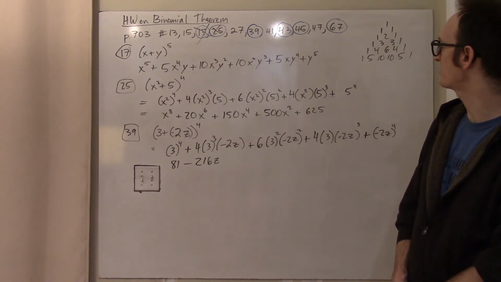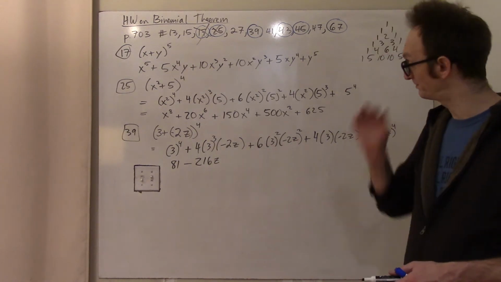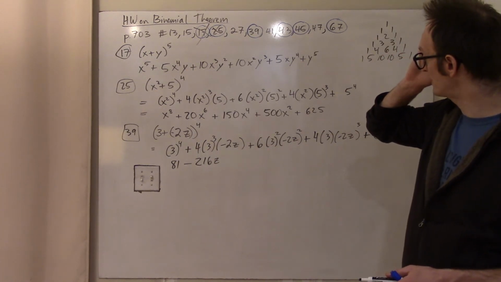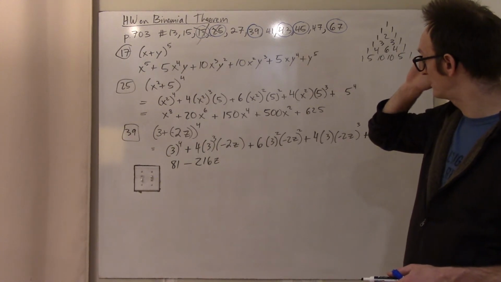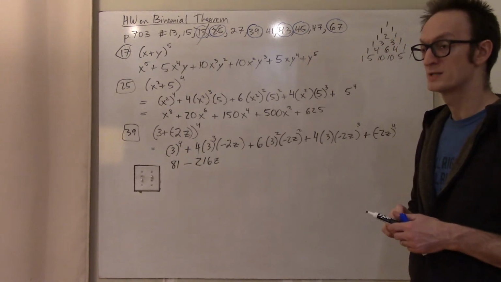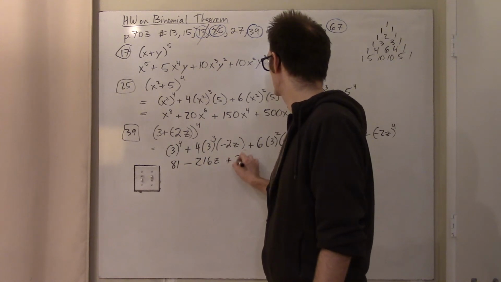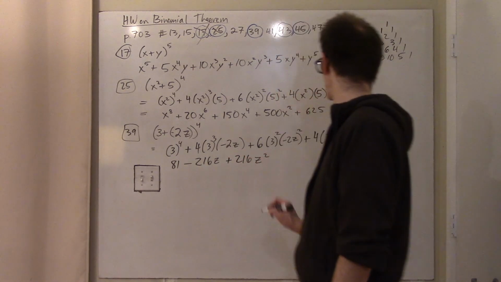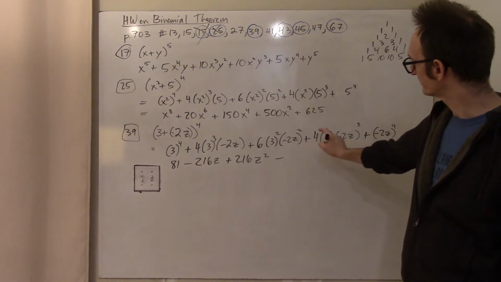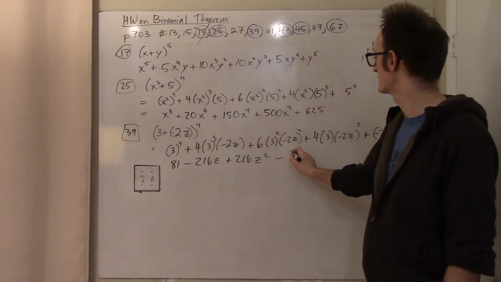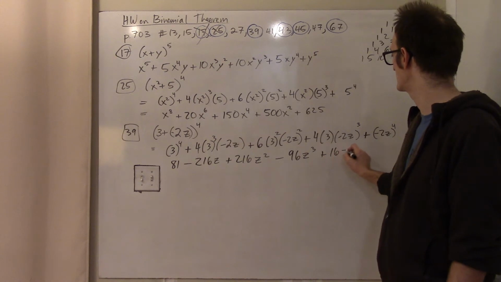And then these numbers are getting bigger and bigger. 6 times 4 times 9, 54 times 4, that's also 216, so plus 216z squared. Then minus 8 times 3 times 4, so that's 96z cubed, and plus 16z to the fourth.